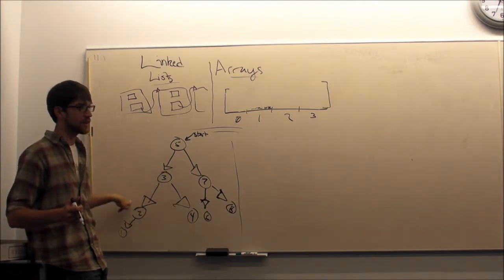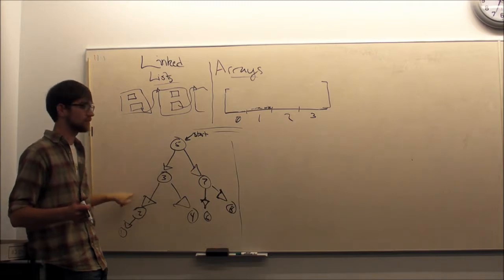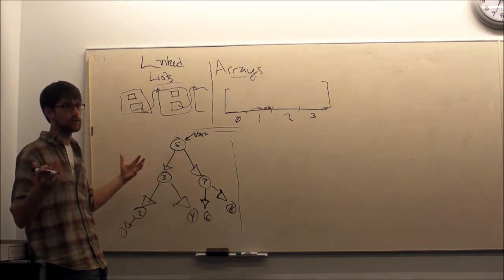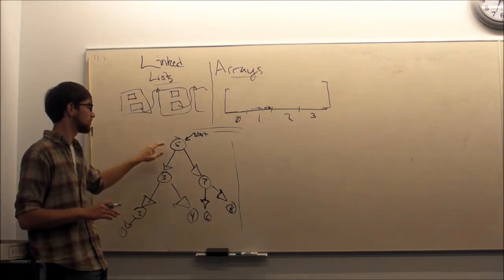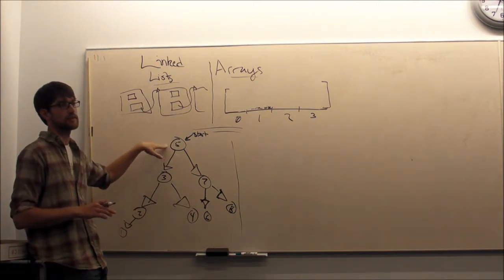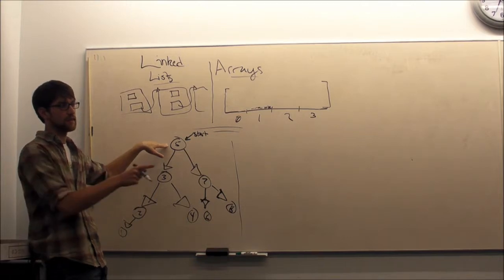So if you're trying to find something, can somebody guess what the cost would be, the order n, order whatever, for finding an item in a binary search tree? Log n, because?